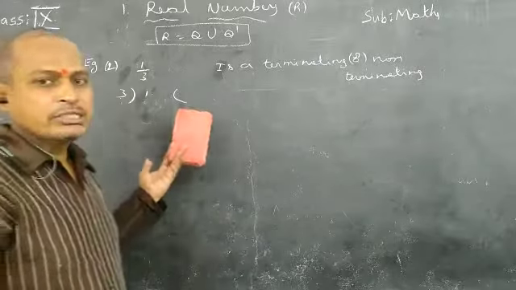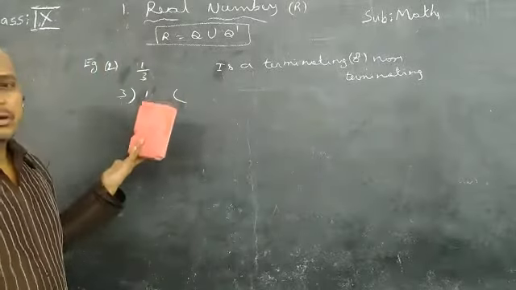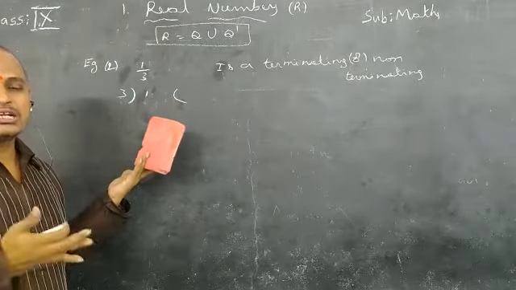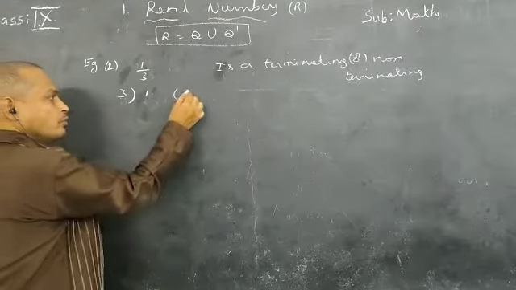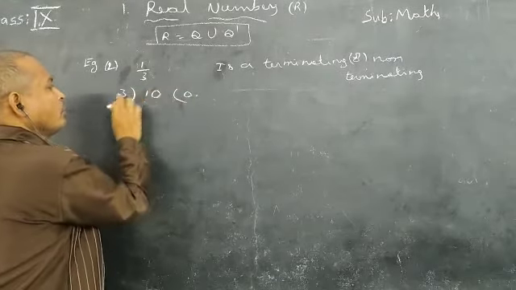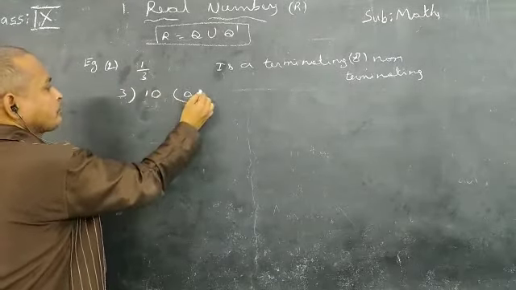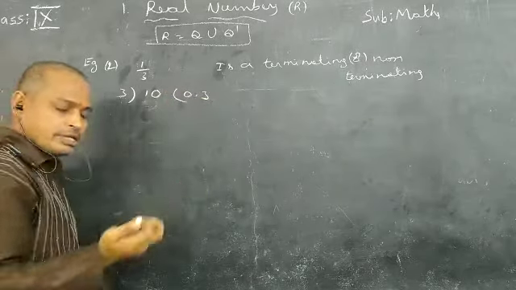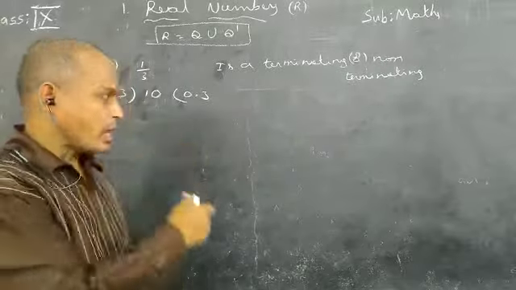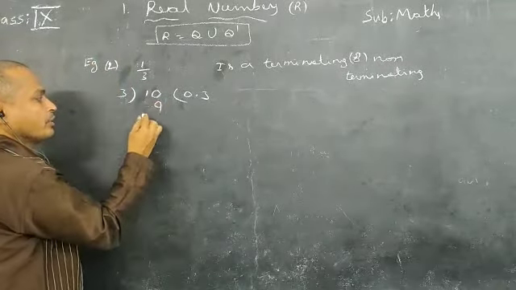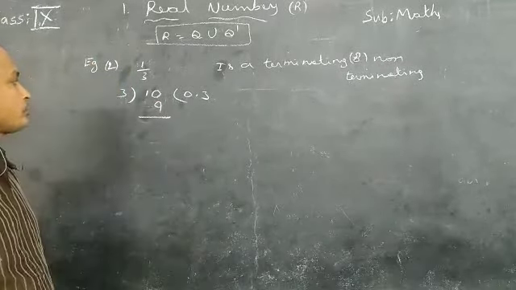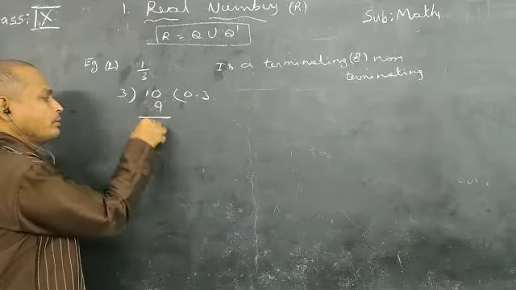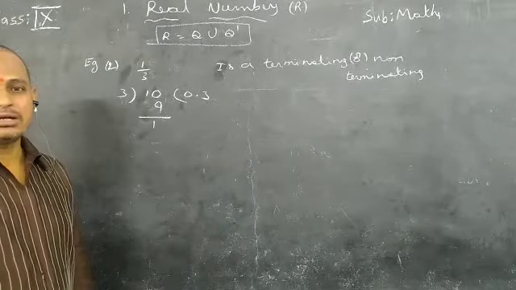There is no cancellation in 1, so we make it 0.0. How many times in the 3 table? 3 ones are 3, 3 twos are 6, 3 threes are 9. So the remainder is 1.